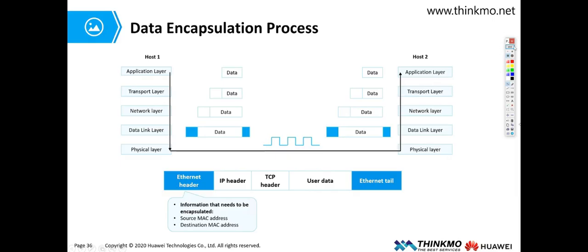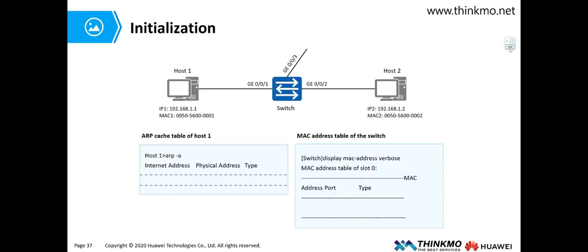However, during this process, we might not know the other party's MAC address. To encapsulate the data packet, my host will try to find out if I know the other party's MAC address. It will search itself. A local table called the ARP cache table records the corresponding relationship between IP address and MAC address. In the initial state, the ARP table in our host is empty.